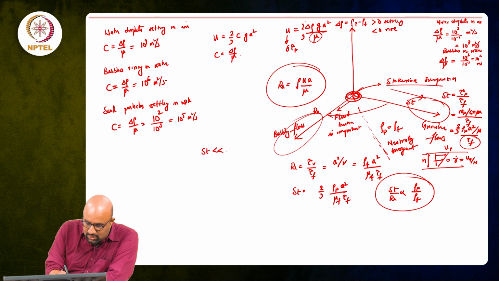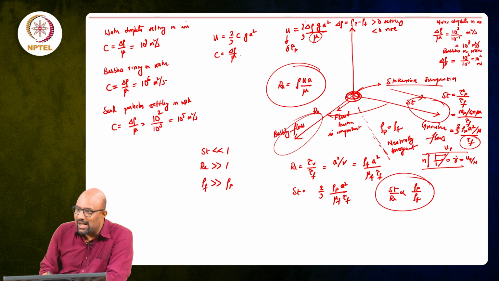Negligible Stokes but very large Reynolds happens when the fluid density is much larger than the particle density, and that is the reason why I said it is bubbly flows.